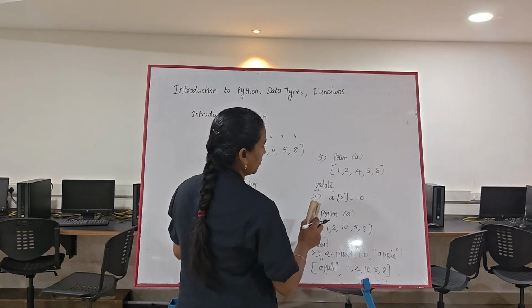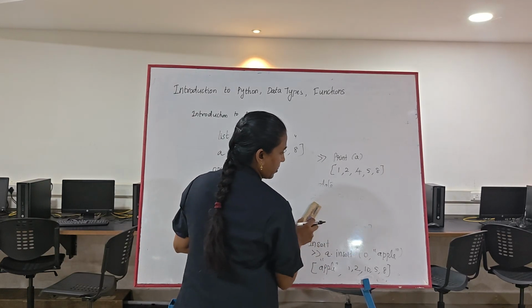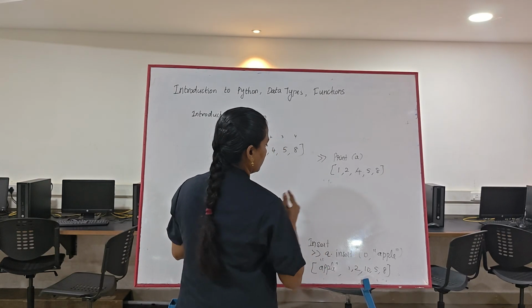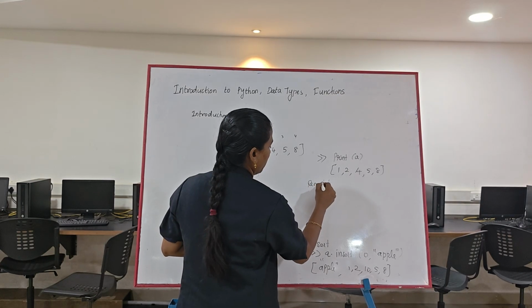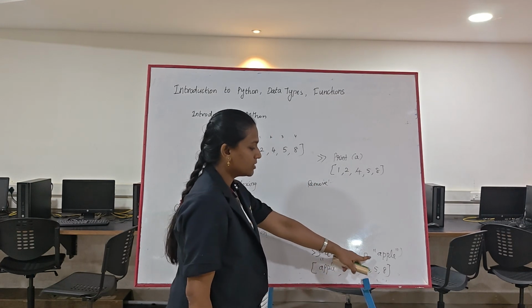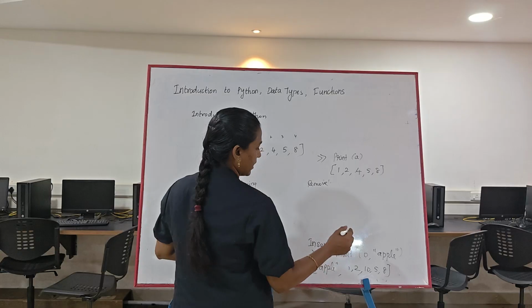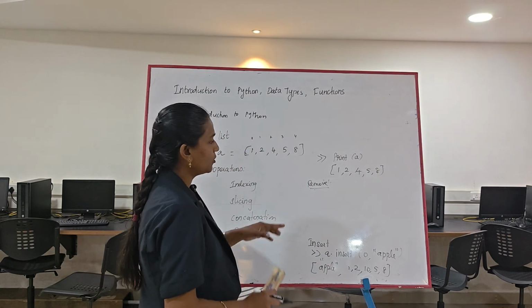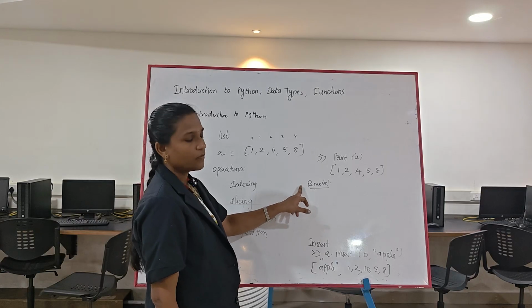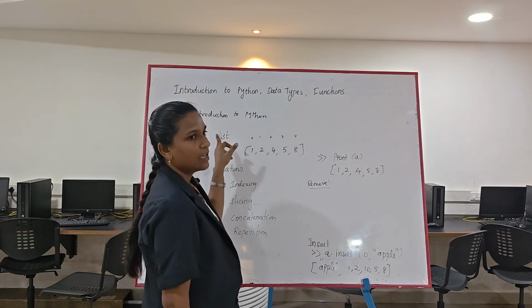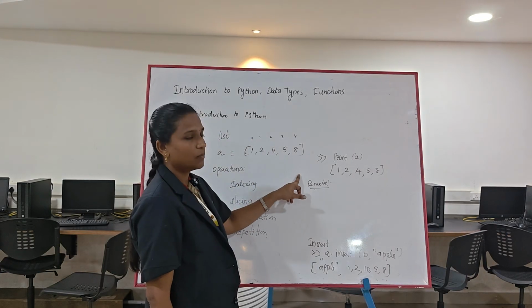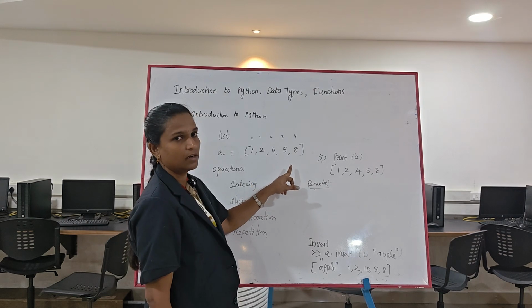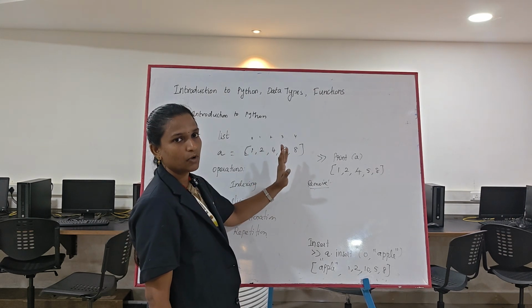Okay, next we will use remove also. If I want to remove the 0 value, I can remove it. I can remove whatever values I want to remove by using the list. List is mutable. Tuple is immutable, and next we are going to see tuple.